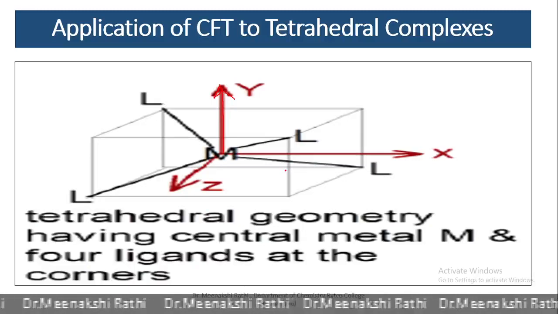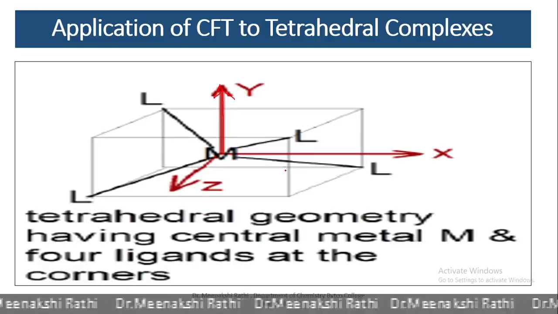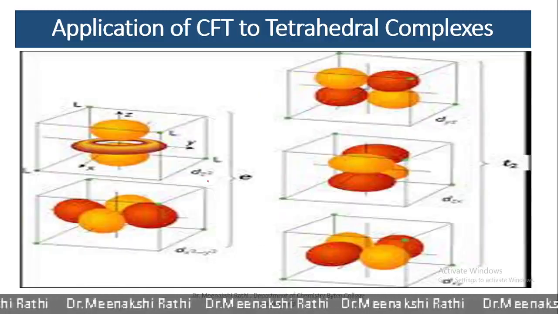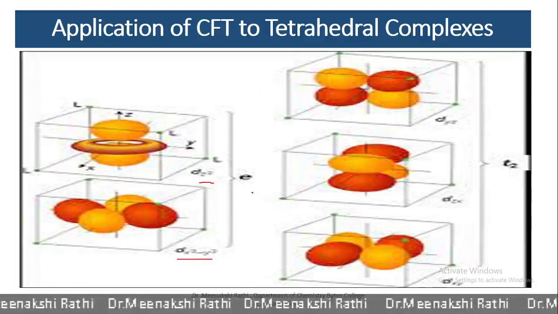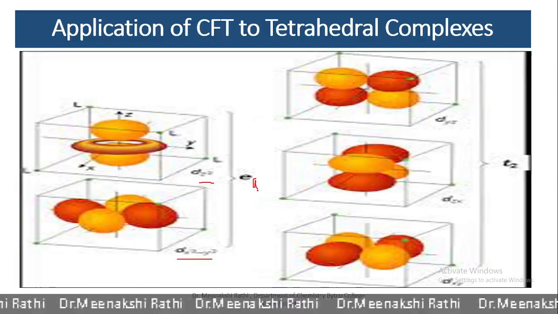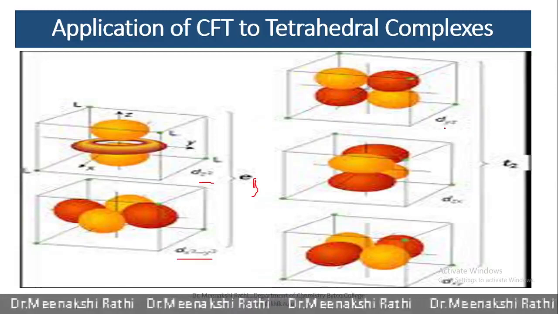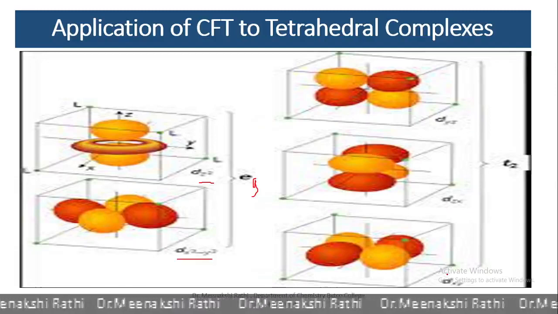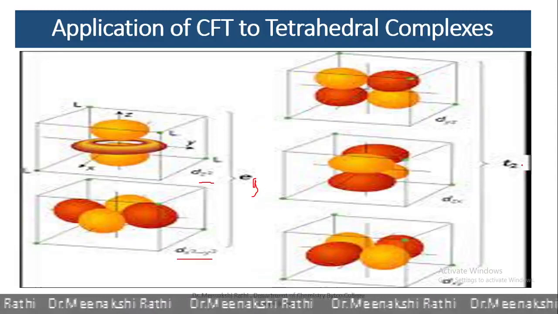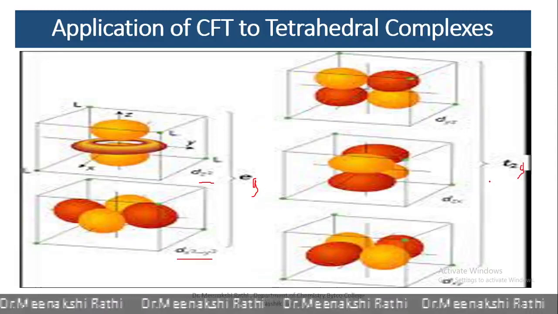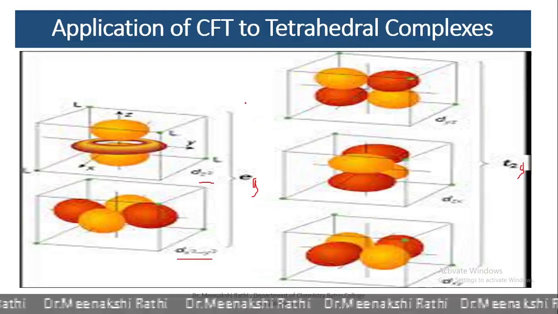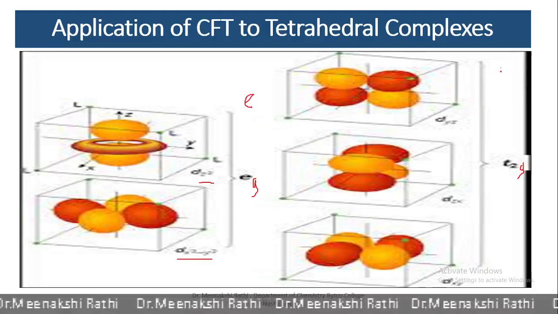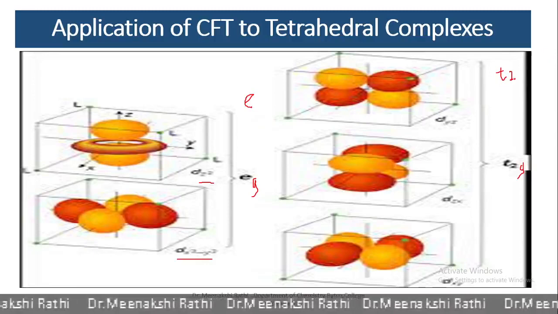All of you know there are 5 d orbitals. That is dz square and dx square minus y square, these are called Eg orbitals, and dxy, dyz and dzx, these are called T2g orbitals. Simply, in tetrahedral complexes, they are called E and T2. Just remember.